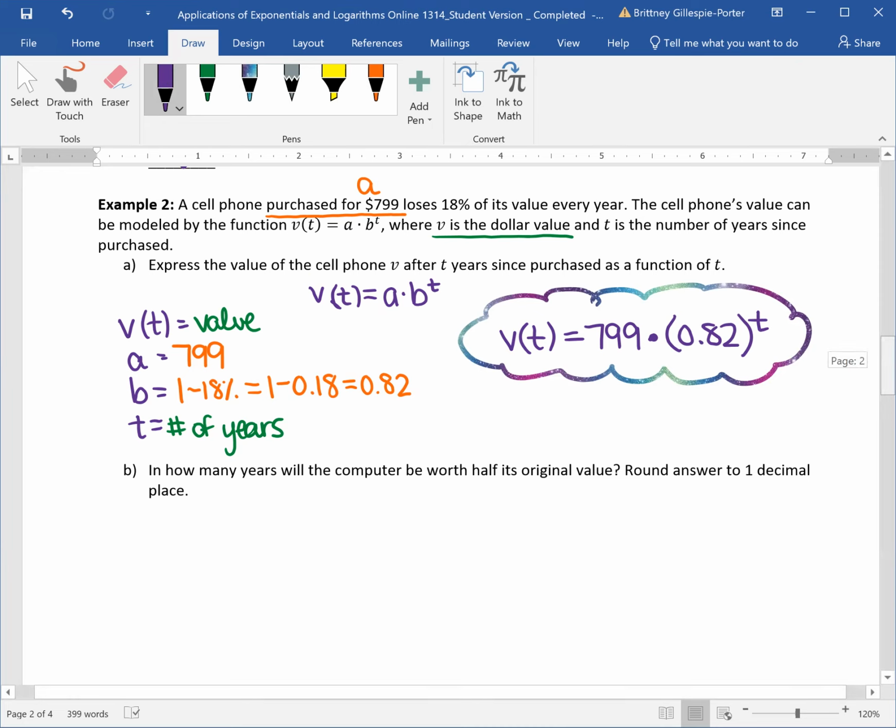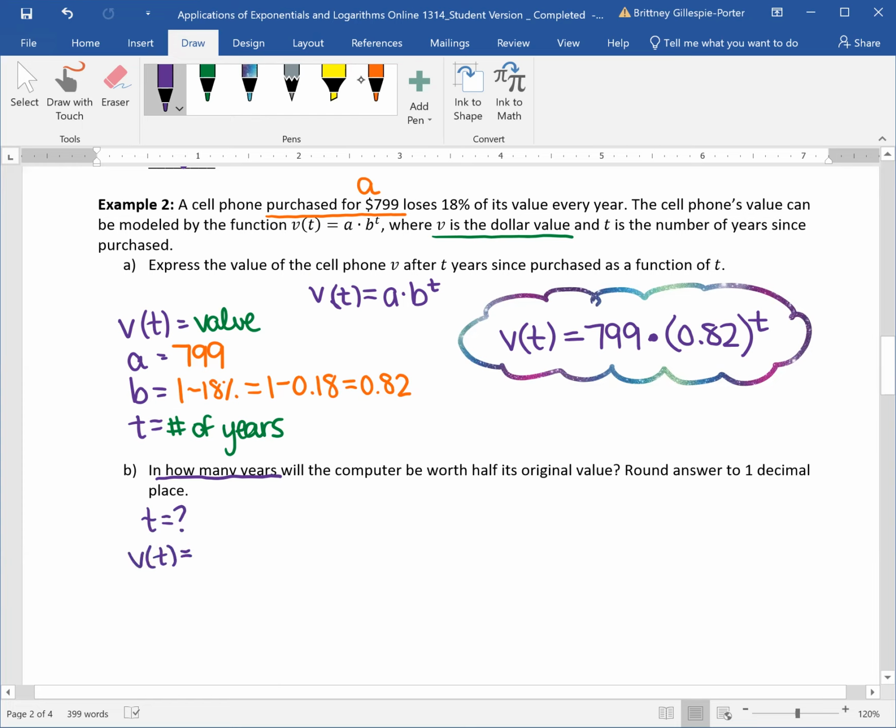They want to know in how many years will the computer be worth half of its original value. If they're asking for how many years, they're asking us to find t, which means they must have told us what v of t was. They said half of its original value. Half of the original value will be v of t, but that means we need to take 1/2 times $7.99.